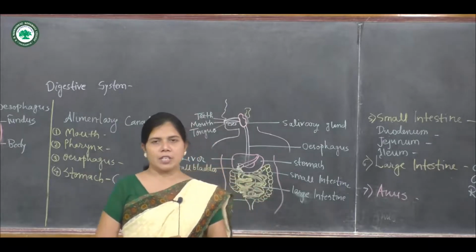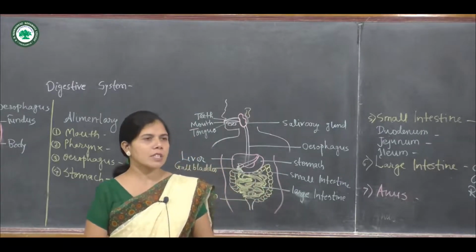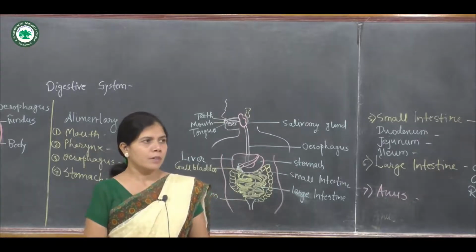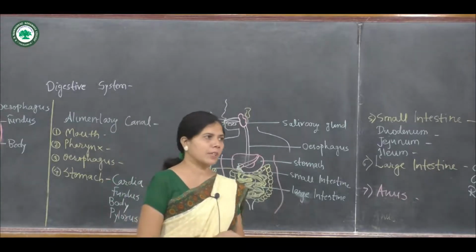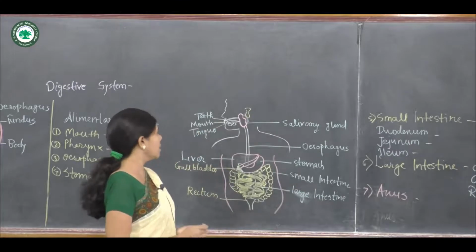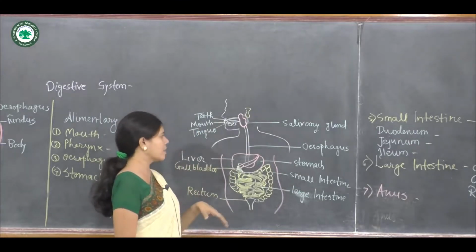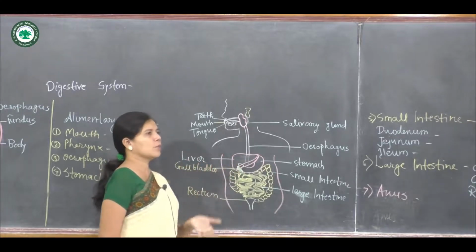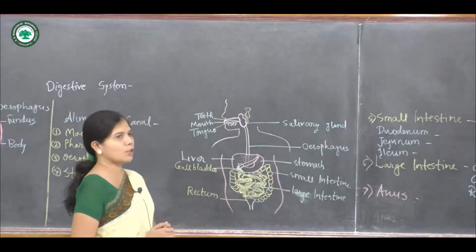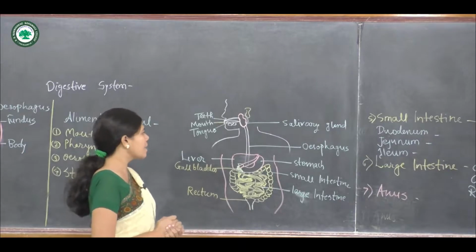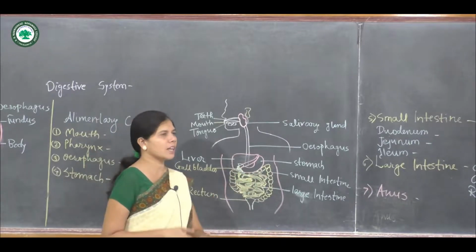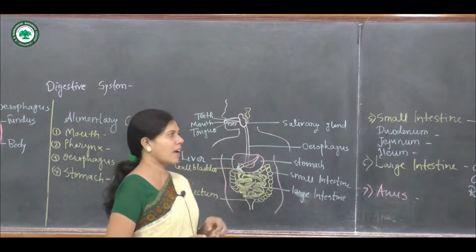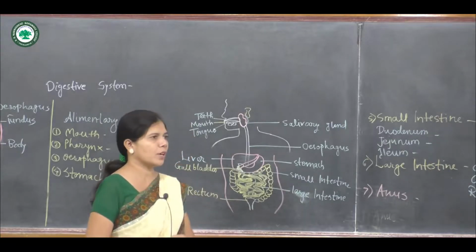Egestion is also known as defecation. The digestive system of the human being consists of the alimentary canal: mouth, teeth, tongue, then the esophagus, then the stomach. The stomach is continuous to the small intestine, which has three parts: duodenum, jejunum and ileum.